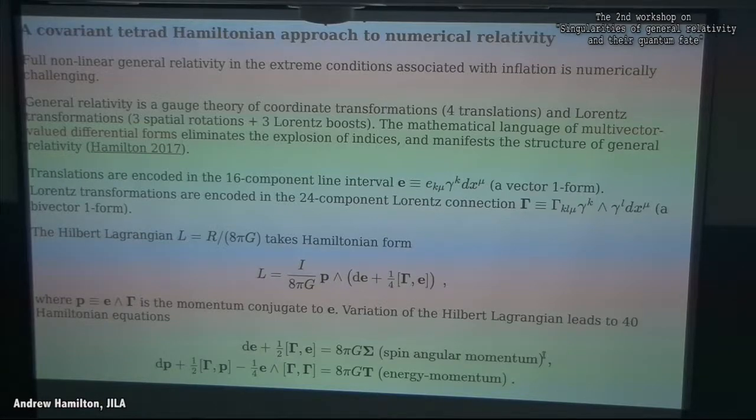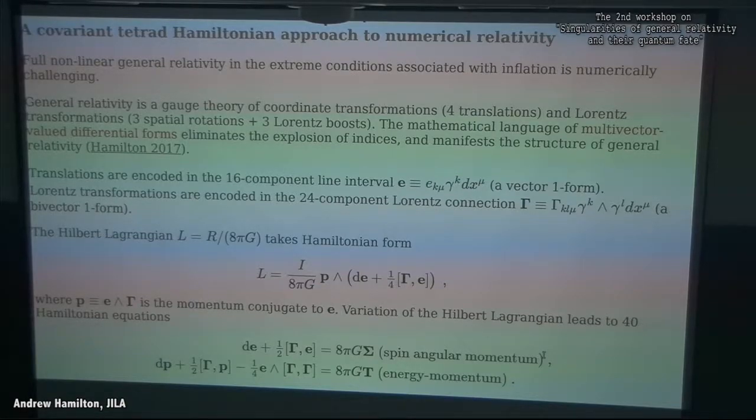The calculation is a numerical calculation with all 6 degrees of freedom of the gravitational field. And it's a very challenging thing, because during inflation, the energy momentum is diverging, the curvature is diverging, you're approaching a singularity. Everything is getting very difficult. By comparison, I would say gravitational waves are easy. So this was my attempt to try and understand this.